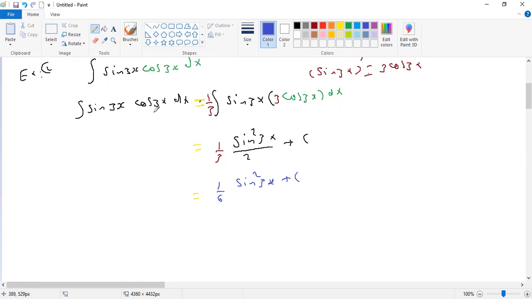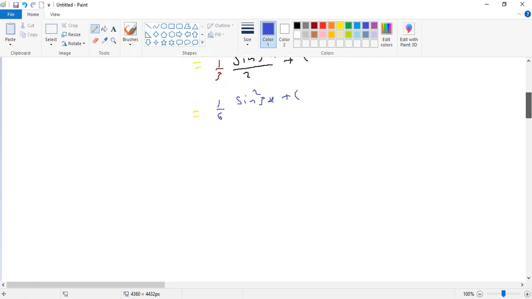Again, the derivative of sine 3x is 3 cosine 3x, but we need only the 3, so multiply by 3 and divide by 3 to keep it equal, and then it will be sine squared over 2. Another example.